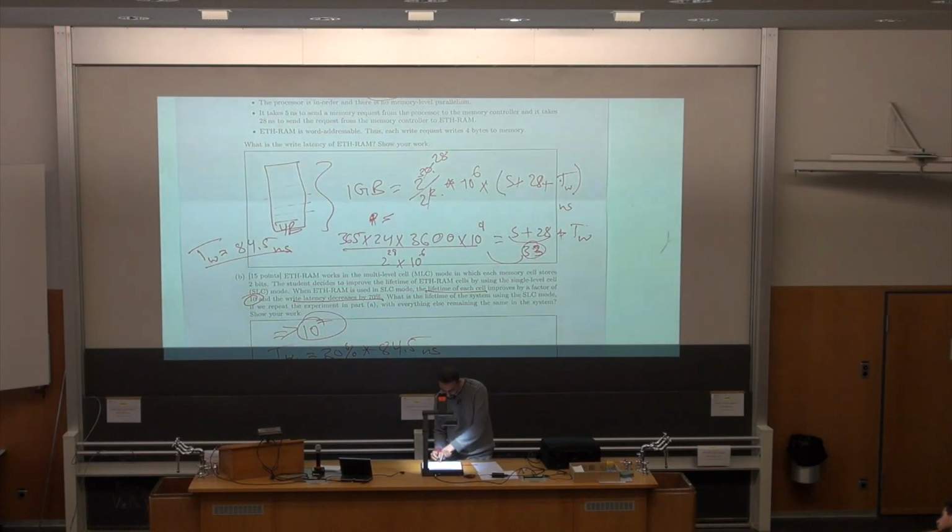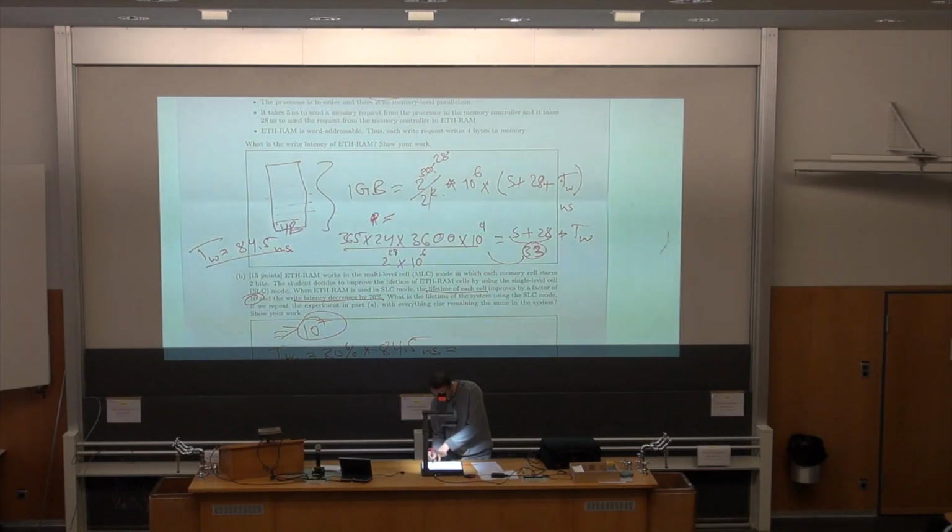However we change the write latency, we improve it by 70%, and we have the new one calculated as 25.35. So we have the same time needed to send the request to the controller and back to the RAM, which is 5 plus 28. Sorry, this is plus. So this will give you directly the answer, which will be almost 2.5 years.